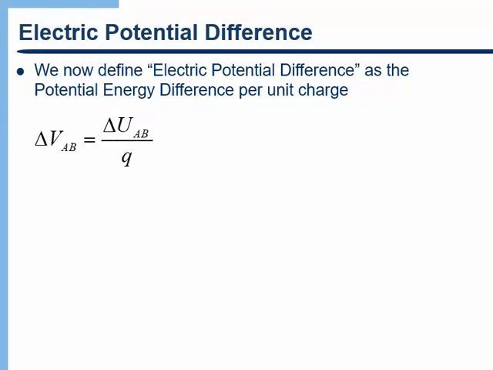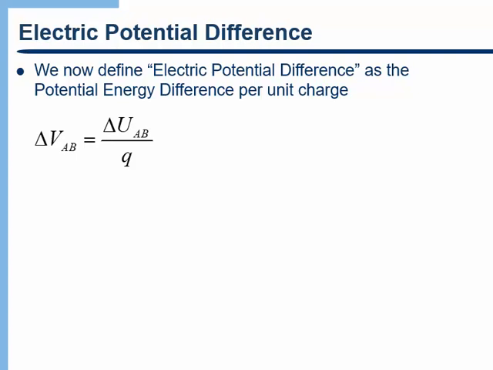But the way we define electric potential difference is it's the potential energy difference per unit charge. Okay, so it's delta U divided by Q. Notice that our symbol for electric potential difference is delta V, where V is our symbol for electric potential. Now, why we want to take potential energy and divide by charge in the first place, I'm going to explain to you as we go along.